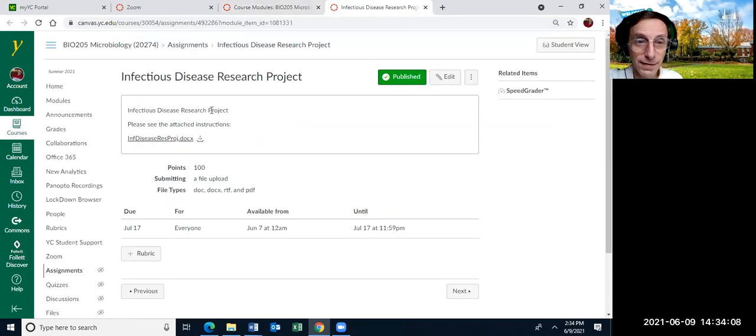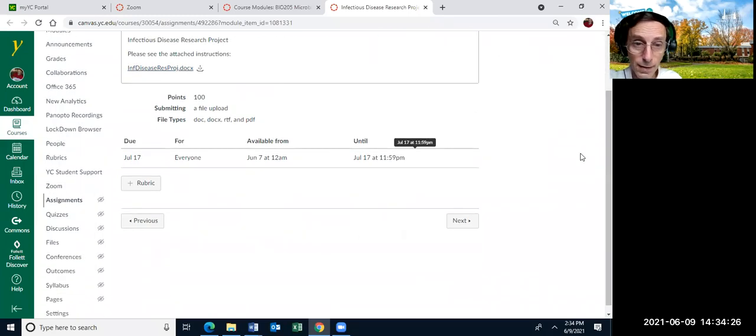You'll get this, which doesn't really tell you much, but you click that link and it'll get you the Infectious Disease Project instructions. This page does tell you when it's available and when it has to be turned in. And on this page, I think up at the right here, but maybe a button down below, you'll have a submit button for submitting your document.